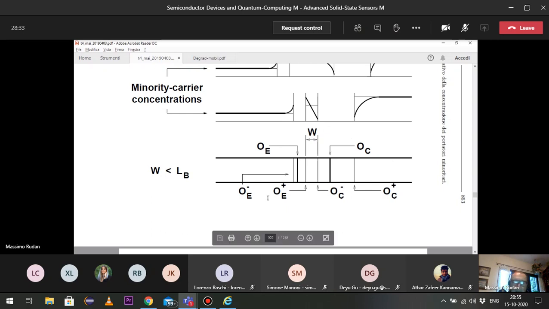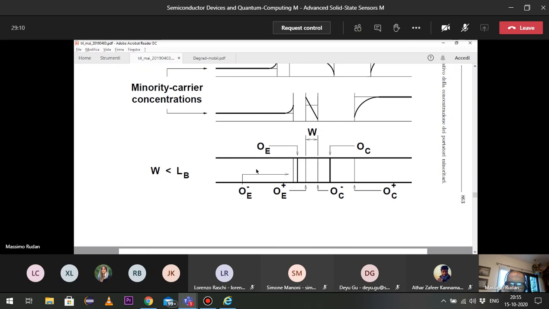At this point, what we do in order to find the characteristics of the bipolar transistor is essentially to follow a replica of what we did for the PN junction. We use the same hypothesis as for the PN junction, that in the neutral regions, the current of the minority carriers is essentially diffusive, so we can neglect the electric field.